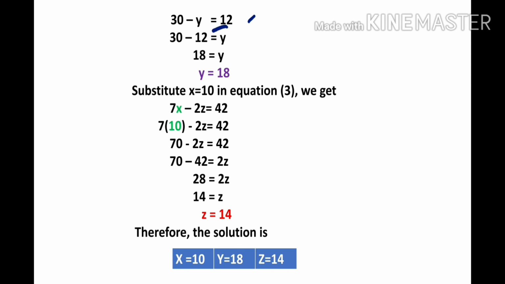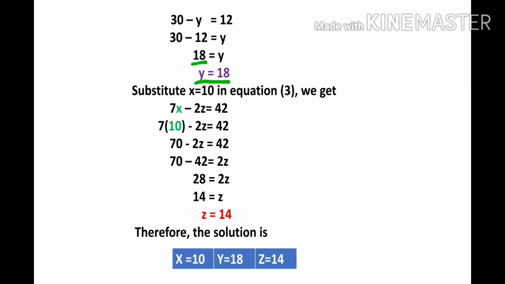So transpose 12 to this side, positive becomes negative: 30 minus 12. Then transpose minus y to this side, minus y becomes plus y. So 30 minus 12 is 18, 18 is equal to y. So y is equal to 18.